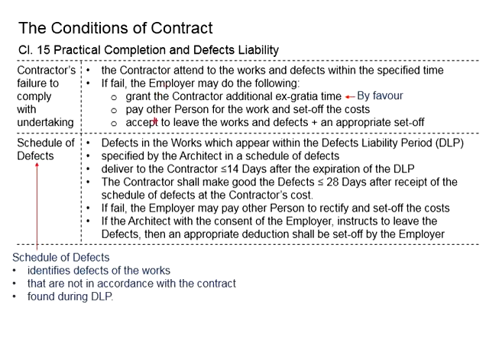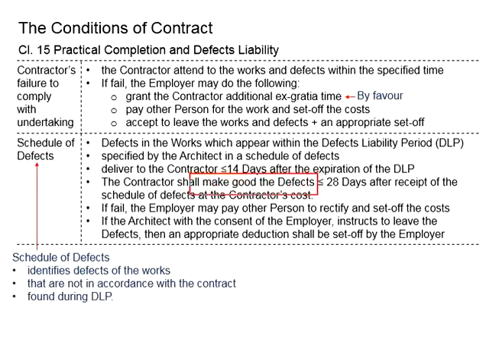Now let's say the contractor has received the schedule of defects. That means the contractor is required to make good the defects, and this needs to be done within 28 days after he has received the schedule of defects.